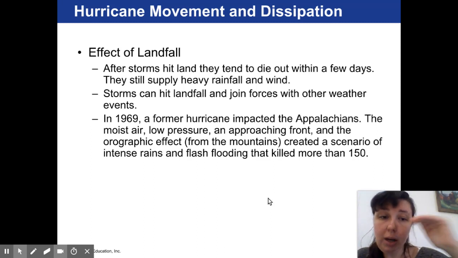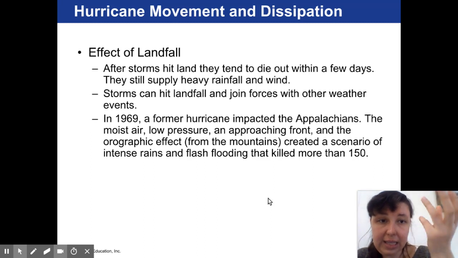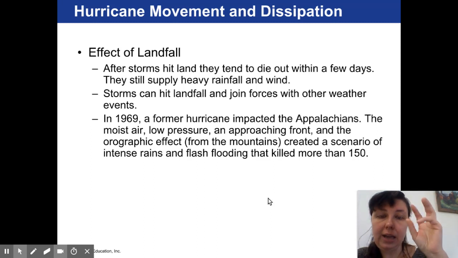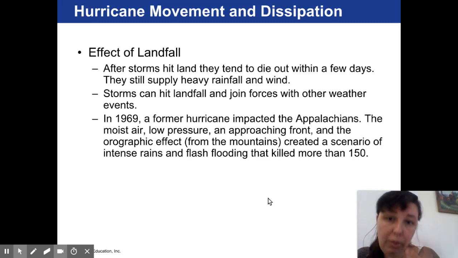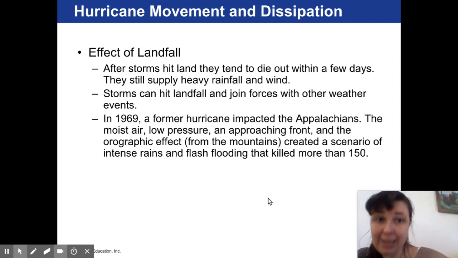Once I cut off that warm surface water, I no longer have a huge amount of moist gas moving up through the atmosphere, which can then condense into liquid or solid material and create these cloud storms. And so it's going to stop its growth, and it's going to eventually run out of energy as it rains out everything that it's holding, or winds out. It's just going to use up all its energy in various forms.